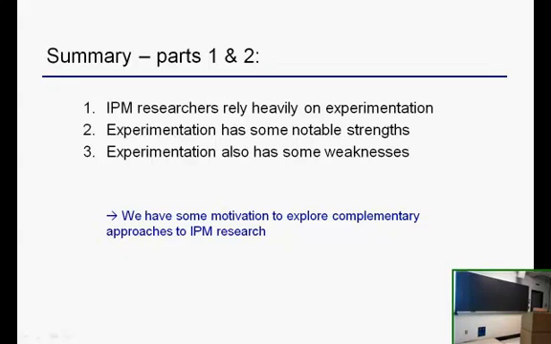The strengths are manifold and they're widely acknowledged, but the weaknesses, I think, are also there. And so I think we have some motivation, potentially, for looking to other kinds of research approaches that can complement the strengths of experimentation. And I think, as we've seen in this little review, in many cases, the strengths and weaknesses of experimental approaches and observational approaches are really complementary.